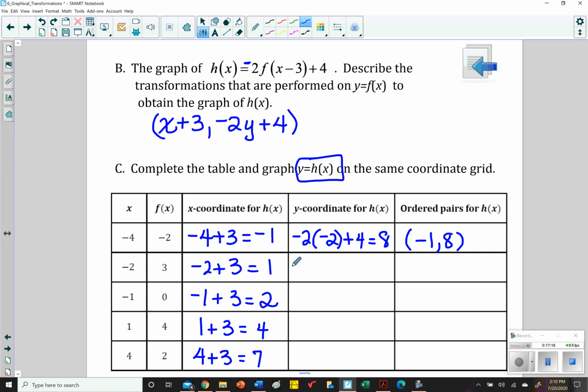Then our y coordinates, we're going to do the same thing, -2 times the y coordinate plus 4. So we have another ordered pair, 1, -2. And repeating that here, 2 times 0 plus 4. So we have an ordered pair of 2, 4.